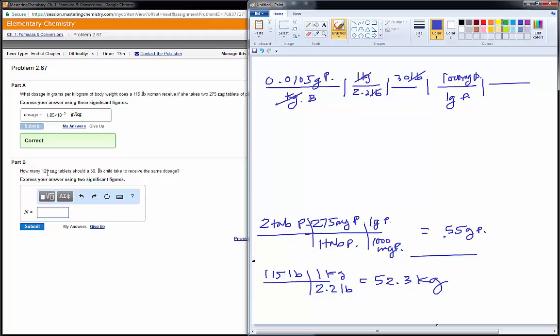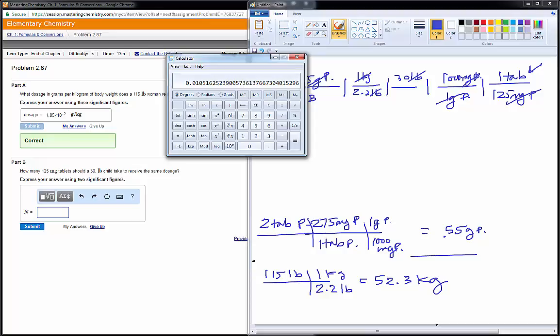And if I'm using 125 milligram tablets instead of 275 milligram tablets, we see that 1 tablet is 125 milligrams. So your milligrams cancel and your grams cancel. So that takes us to tablets. And again, you could have done that one step at a time. You could have converted from pounds to kilograms and then plugged it in, and so on and so forth.